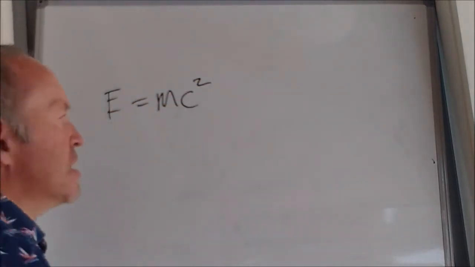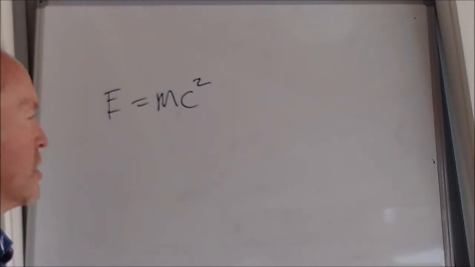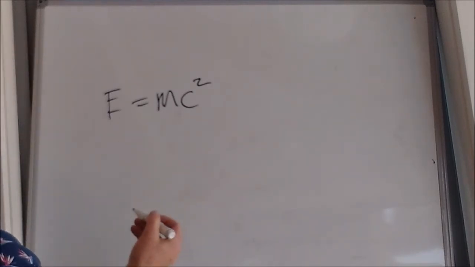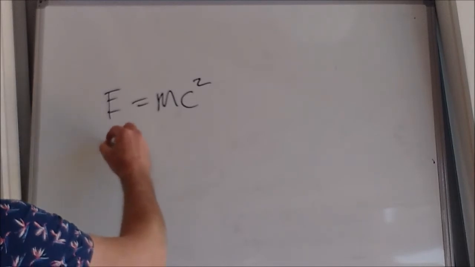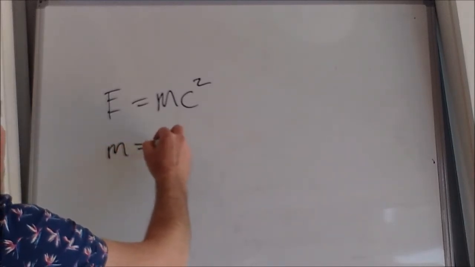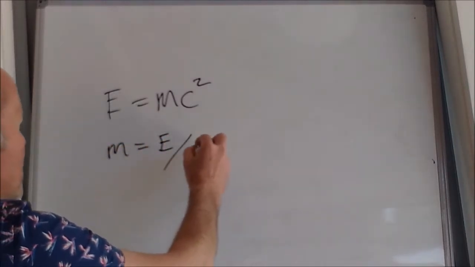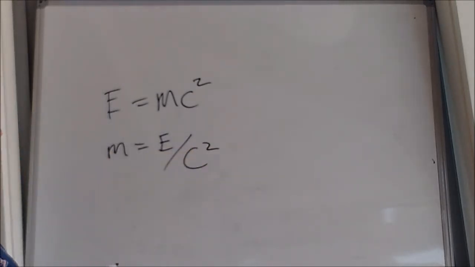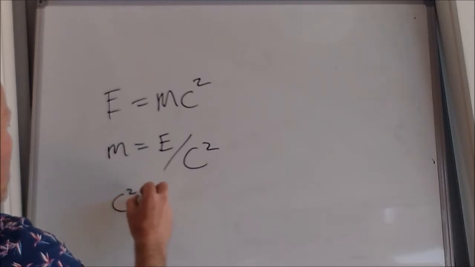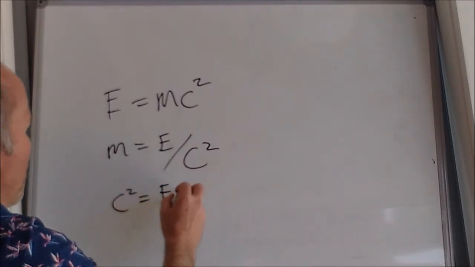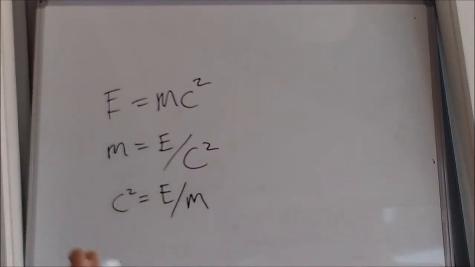Now, there are several ways you can look at this. You can rearrange the equation and look at m equals E divided by c squared, or you can look at it as c squared equals E divided by m.